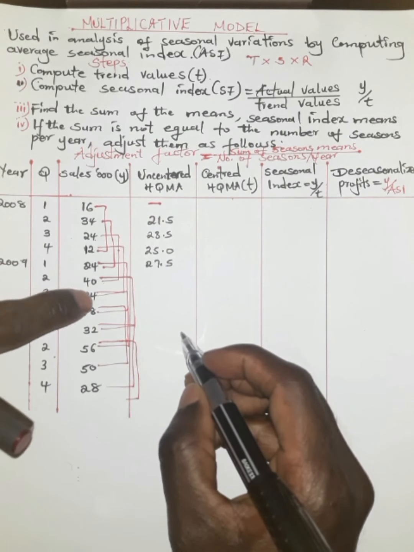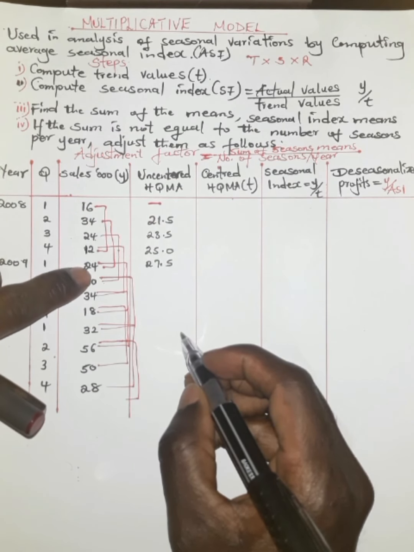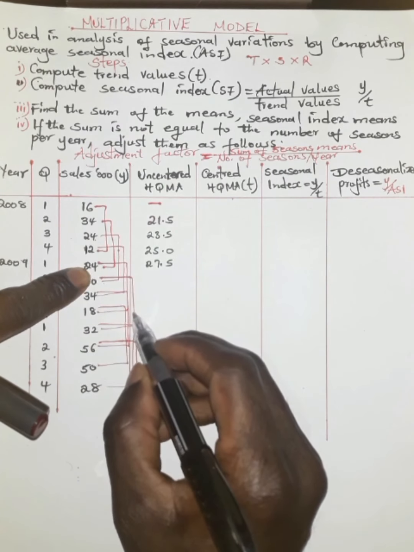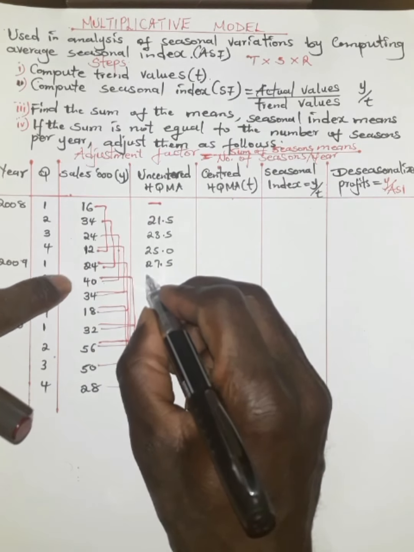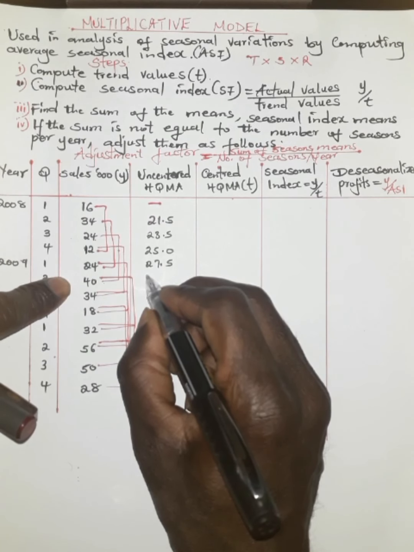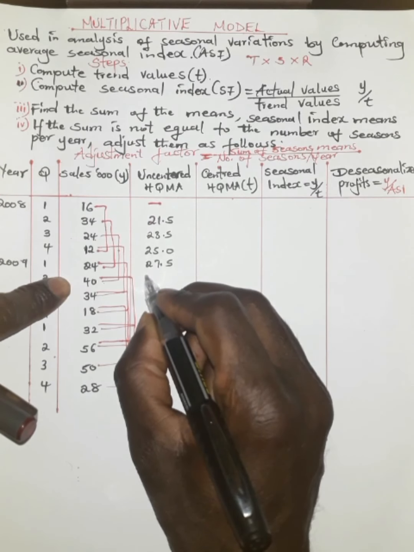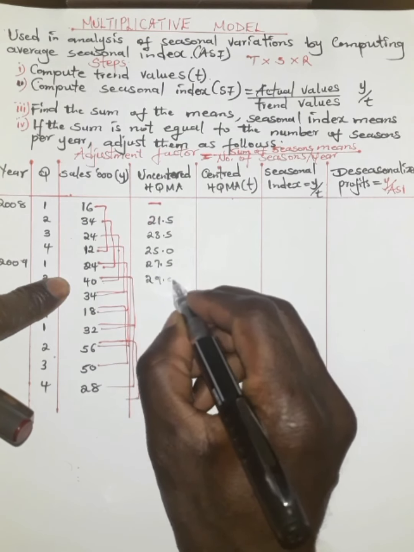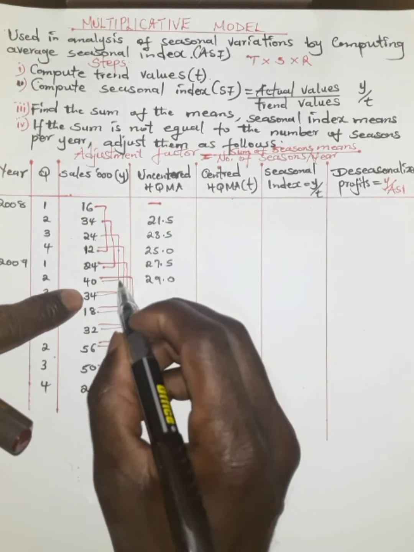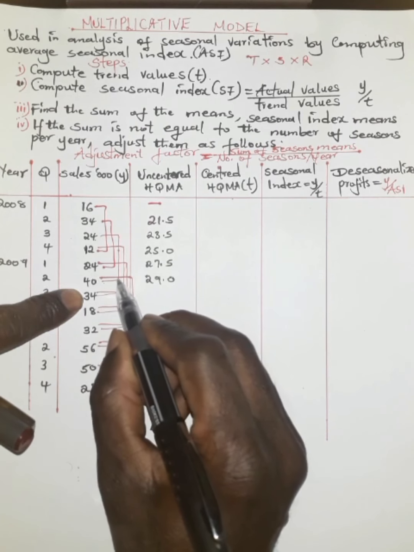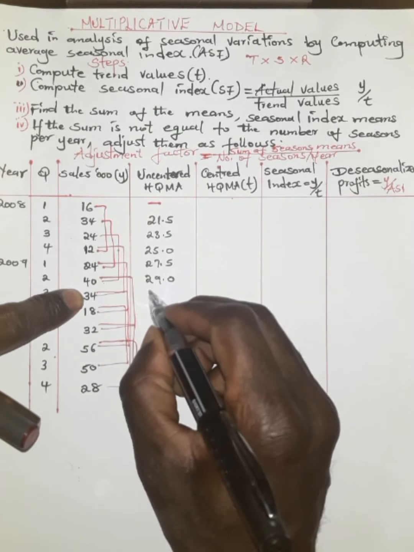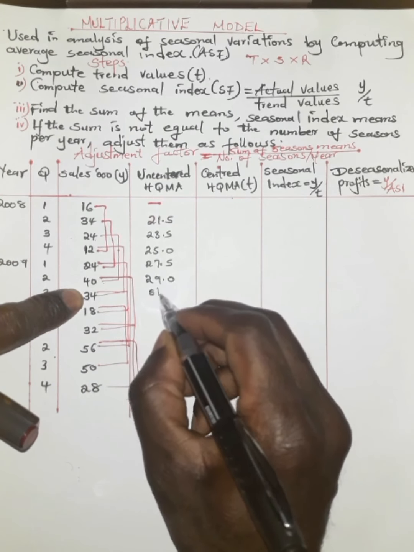Then if you go to the next items here, divide by 4, it should be a value of 29.0. The next items, all the way to 4, should be 31.0.